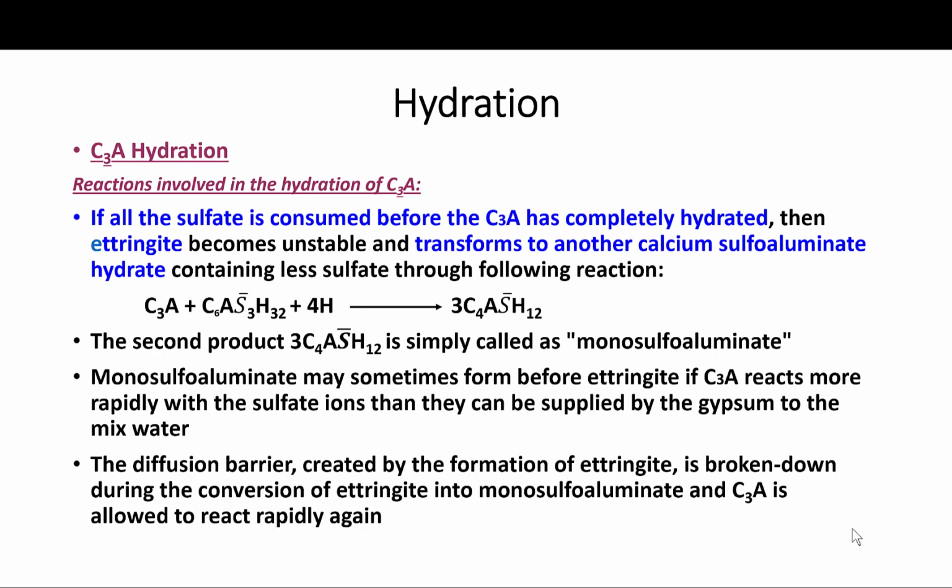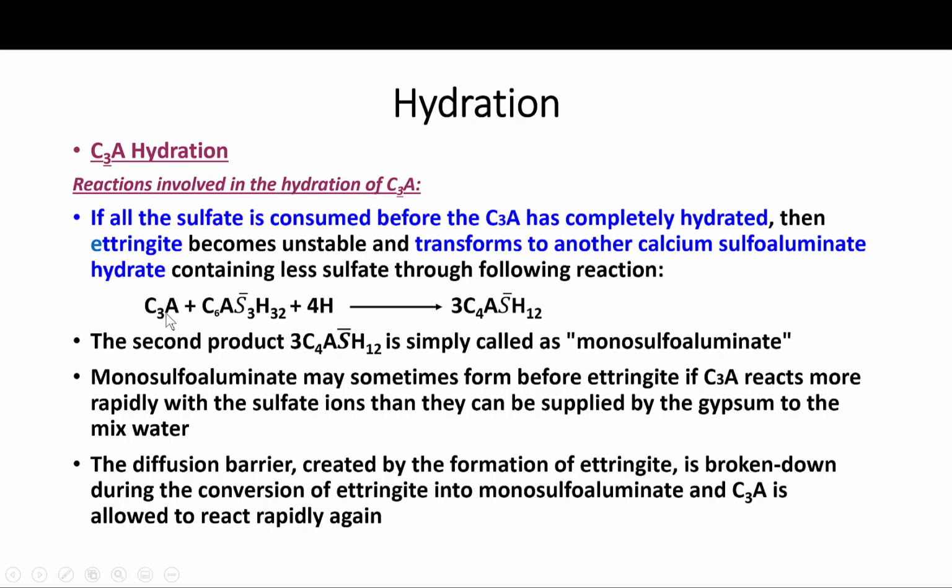So let's look at the reactions involved in the hydration of C3A after that primary reaction. If all the sulfate is consumed before the C3A has completely hydrated, then ettringite becomes unstable and transforms to another calcium sulfoaluminate hydrate containing less sulfate through the following equation, which I have shown before.